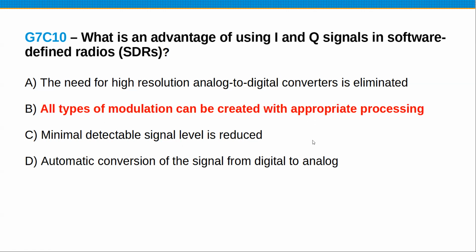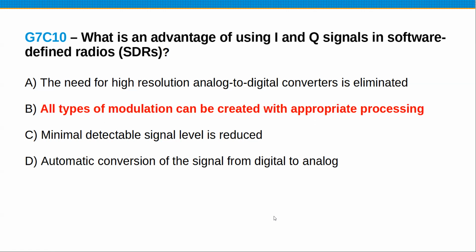It doesn't have anything to do with minimum detectable signal level, because remember that was the same as receiver sensitivity, and it depended on your input gain, your demodulator noise, and whatever the third one was. So none of those.